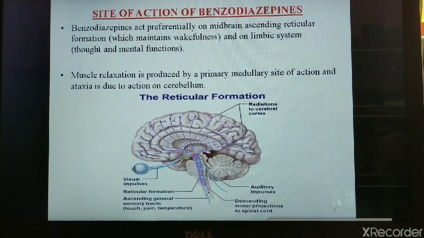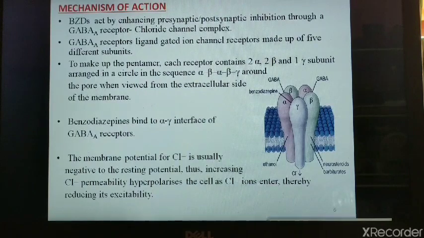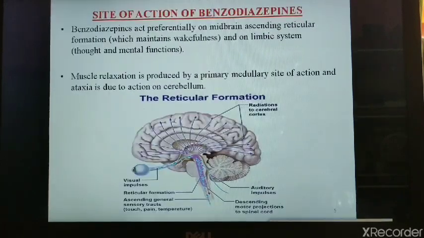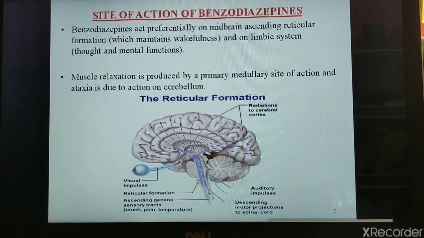Benzodiazepines also act on the limbic system, which is responsible for thought and mental functions. Further, muscle relaxation is produced by a primary medullary site of action, and ataxia is due to action on the cerebellum.